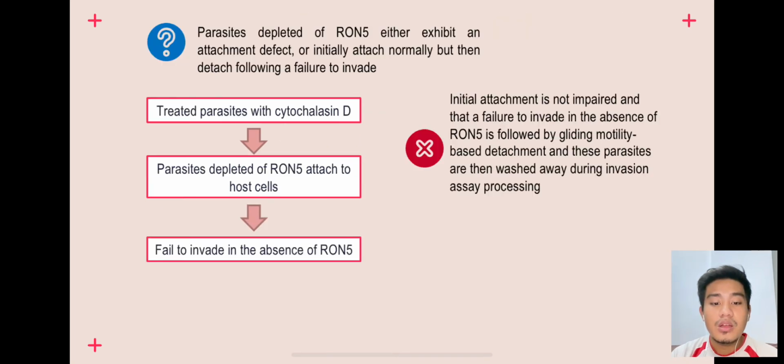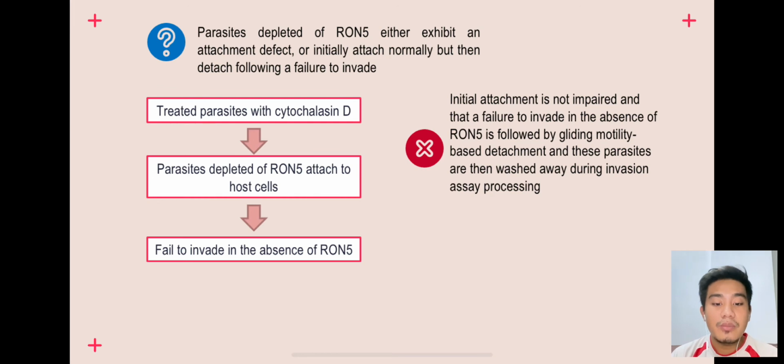The aim was to find whether parasites depleted of RON5 exhibit an attachment defect or, more likely, initially attached normally but then detached following a failure to invade, as previously observed with disruption of RON8 and with knockdown of TgDHC7 or TgARO.